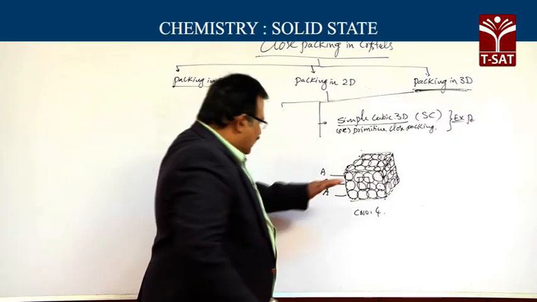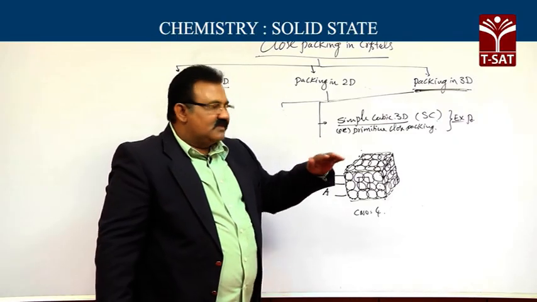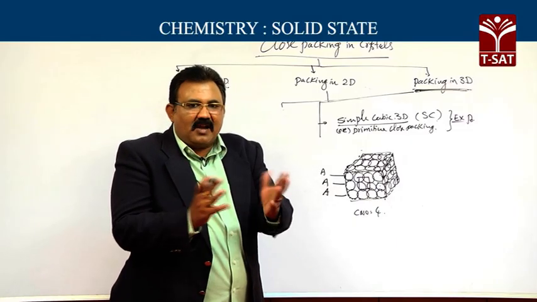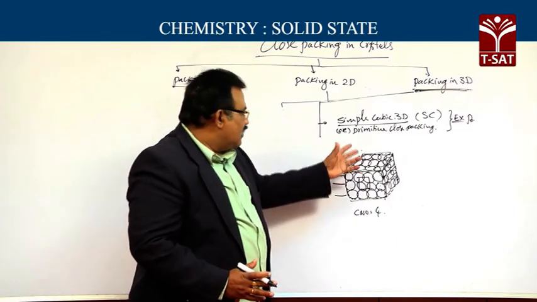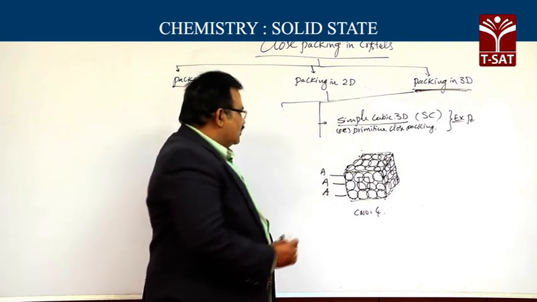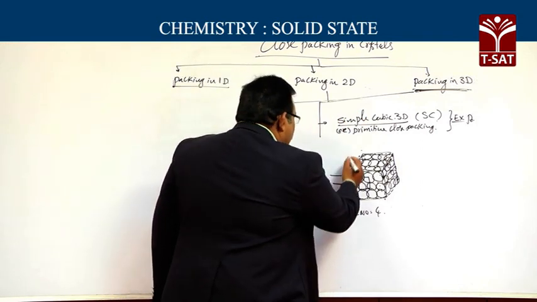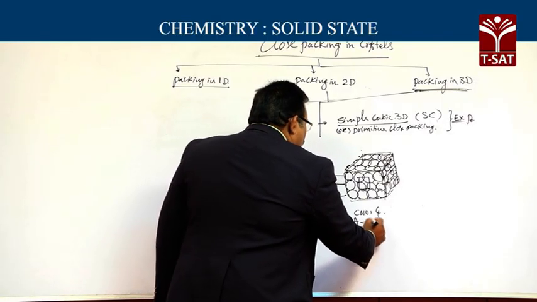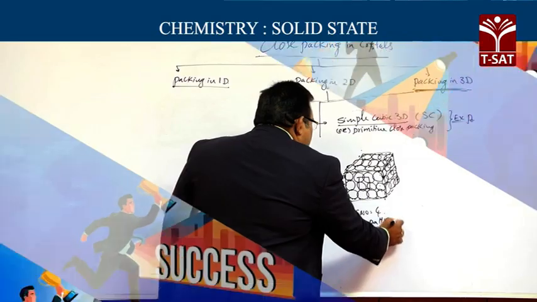So, layer by layer in XYZ coordinates. If it is prolonged like this, then we will get the simple cubic 3-dimensional crystal structure. So, it has an AAA pattern of arrangement.